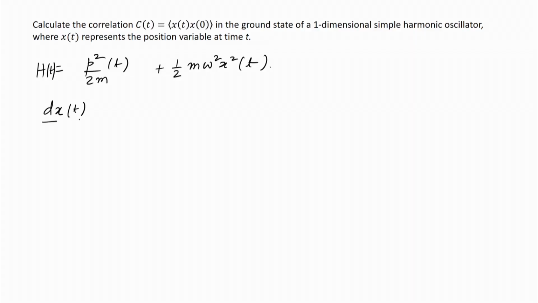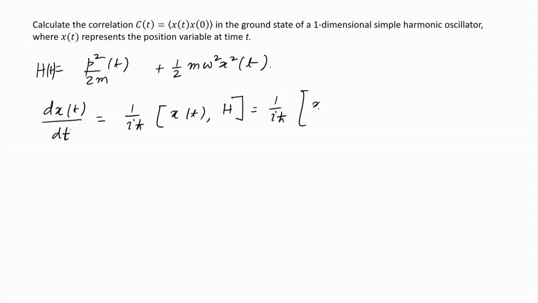So, we write down the equation of motion, and that is equal to 1 over iħ times the commutator of x(t) with H. So, it is 1 over iħ, x(t), and p squared of t by 2m plus half m omega squared x squared t.